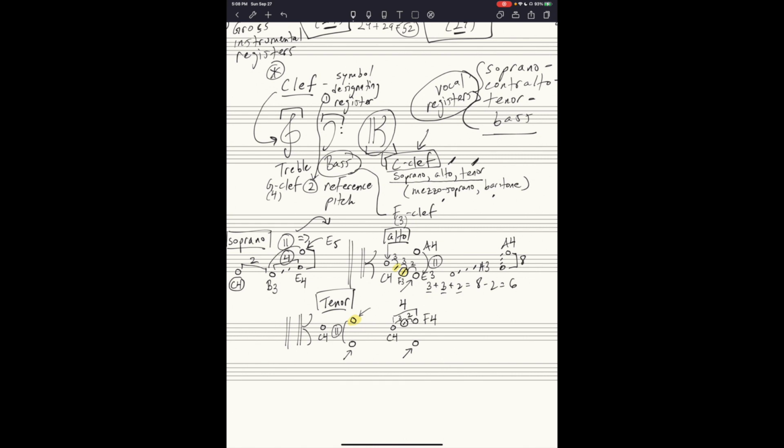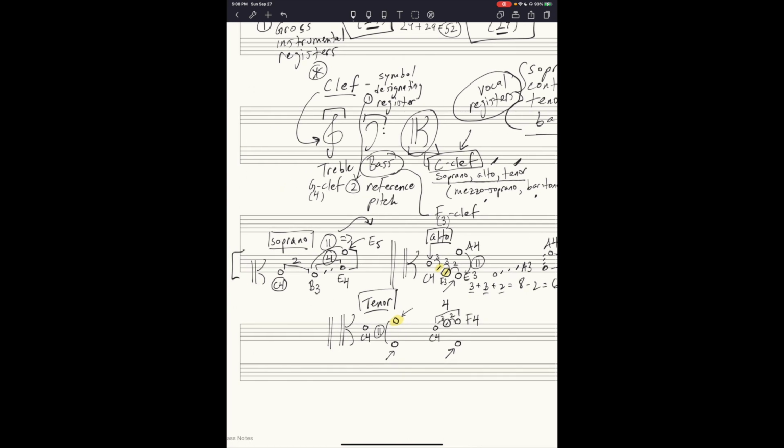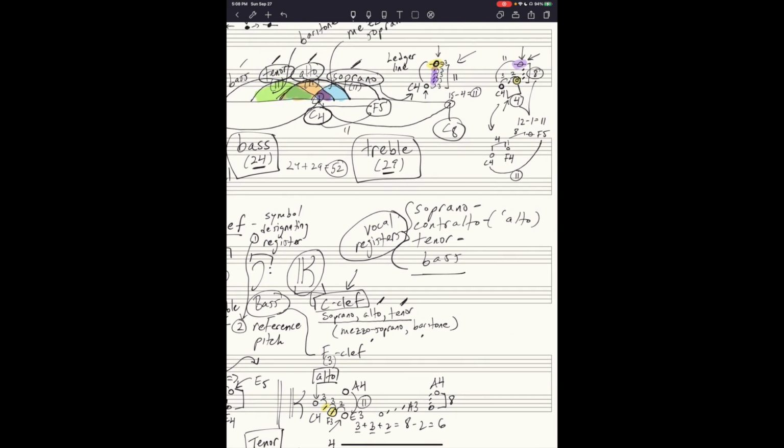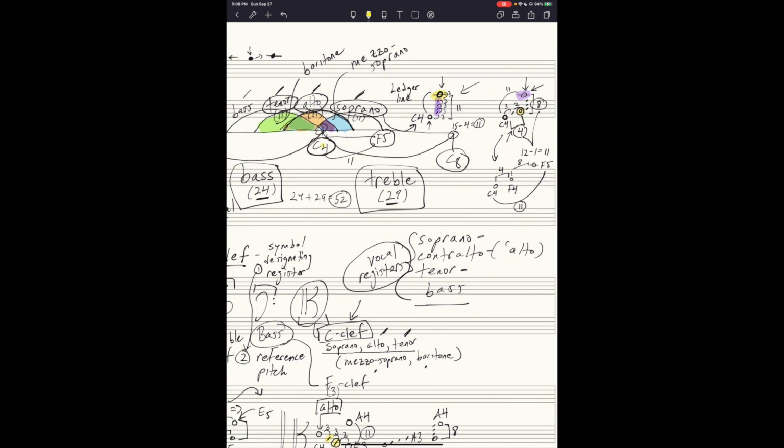By this point, you should be looking at these 3 ranges, the soprano, the alto, and the tenor, and you should be thinking, well, I remember something about an 11th above C4. What was that? From a different lesson? Oh yeah, right here, when we were dealing with these ranges, an 11th above C4 is F5.